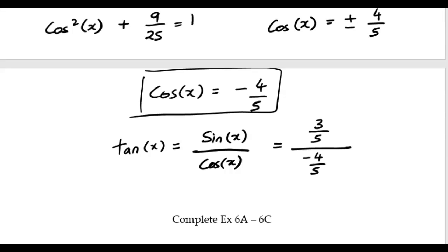When you have one fraction divided by the other, you can basically flip the second one and multiply. 5 goes into itself once, which means the value for tan x is going to be equal to a negative 3 on 4.